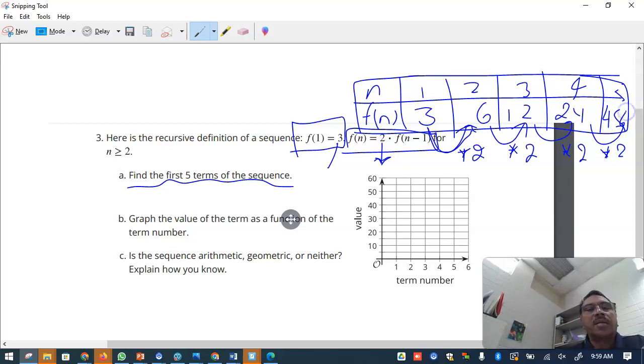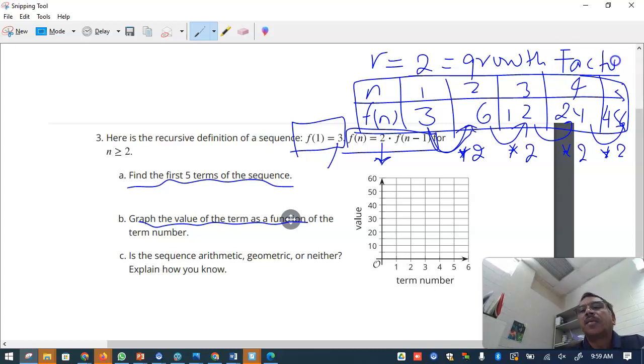So the next question is graph this. We can easily graph this, and because there is multiplying each time, there is a common ratio or growth factor. So I write growth, and that's why this sequence is a geometric sequence. You can graph this also. When it is 1, it is 3, somewhere here maybe. 2 is 6, maybe here.